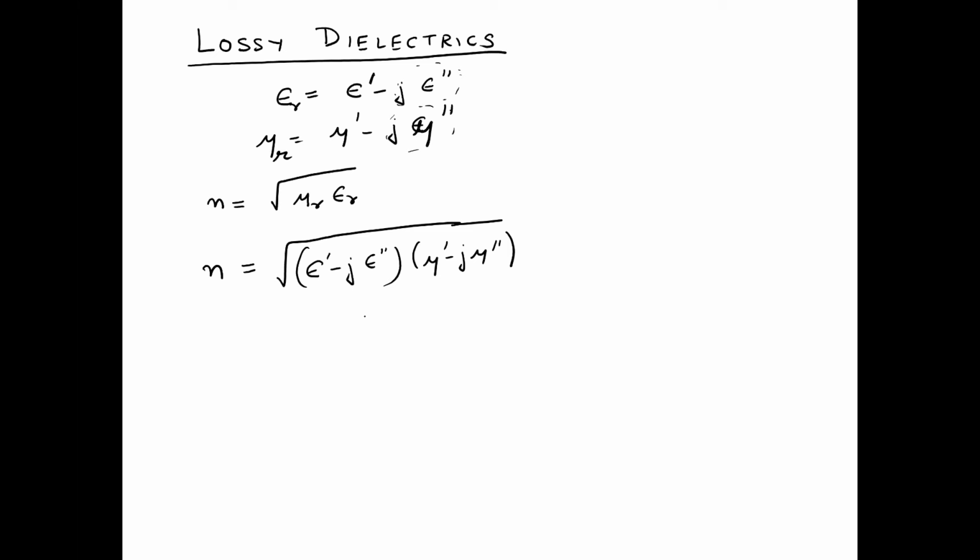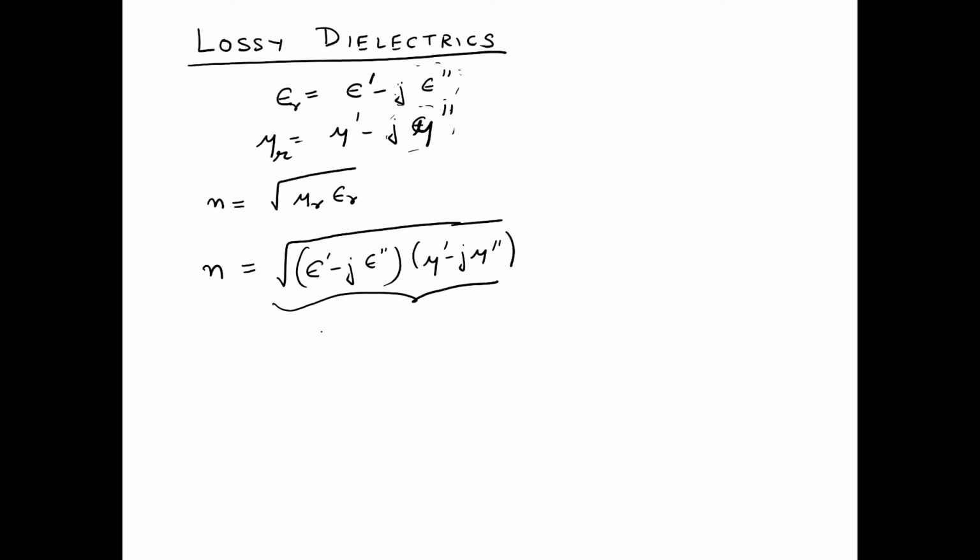If you now notice, this will have a real part and an imaginary part. The square root of this complex function, the square root of any complex function, is going to have a real part and an imaginary part.